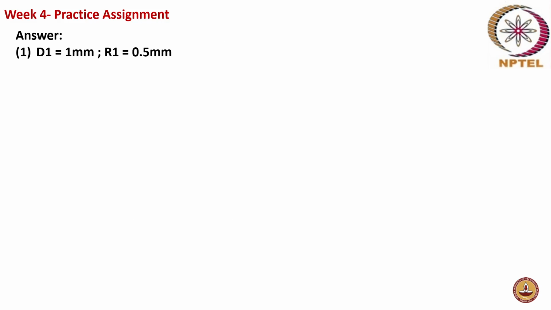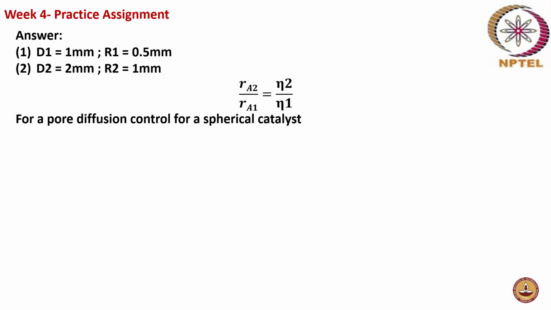Now, for pore diffusion control for a spherical catalyst, your eta is nothing but 3 by phi n1 into square root of 2 by n plus 1.